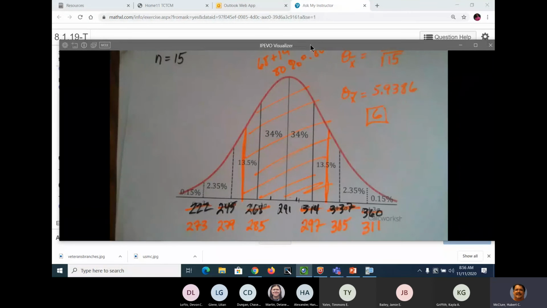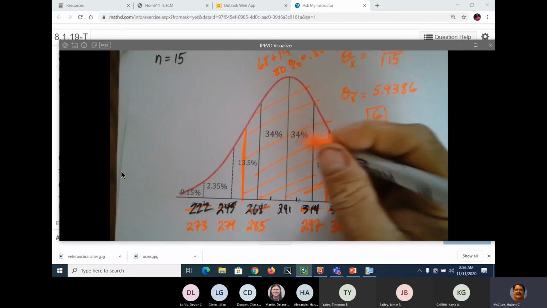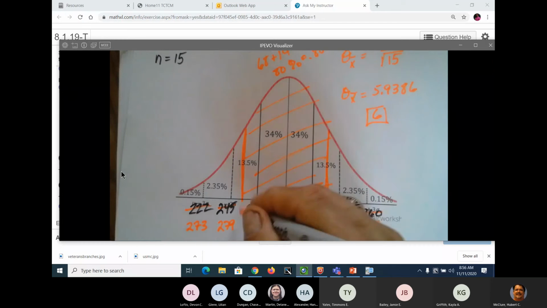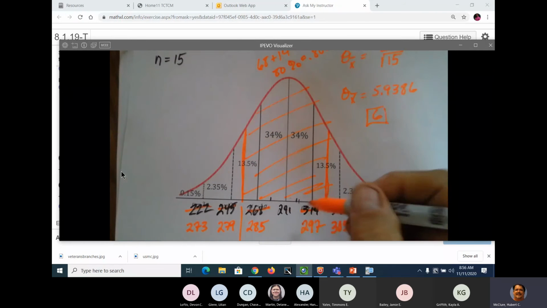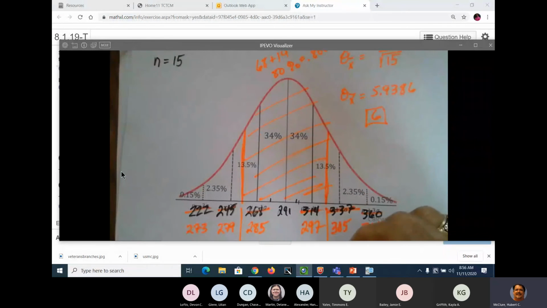So let's see what they get. Now we got to change those to z-scores. I know it's getting on close to time. So within 9 days, what is 291 minus 9 days? That'd be 282. And what's 291 plus 9 days? 300.